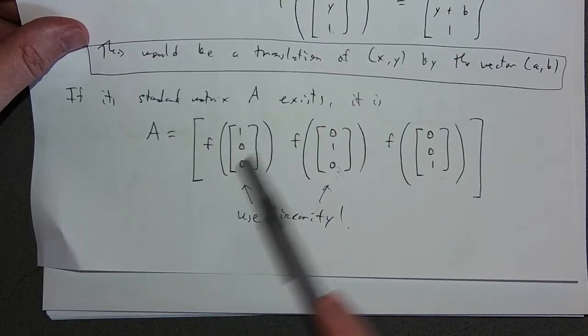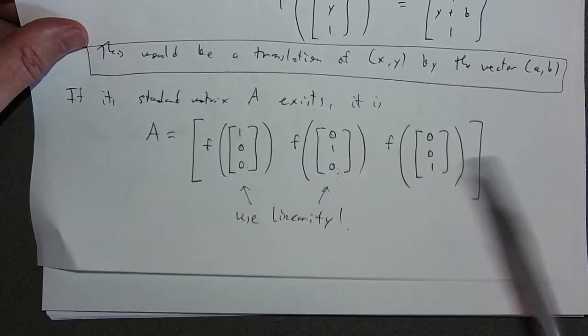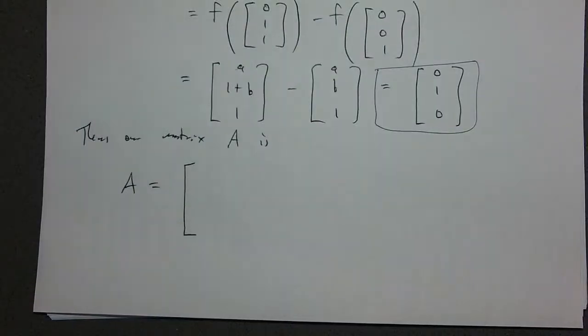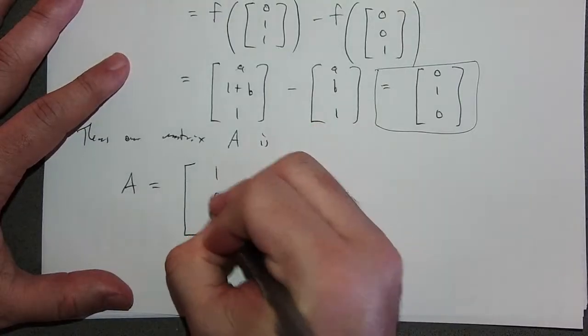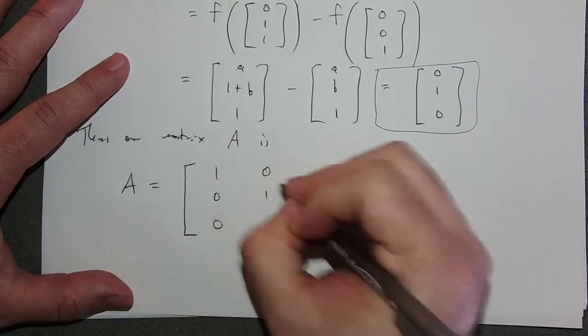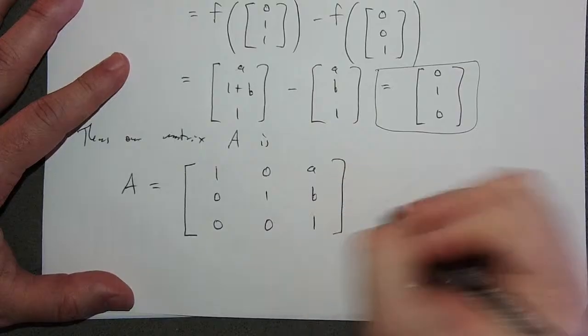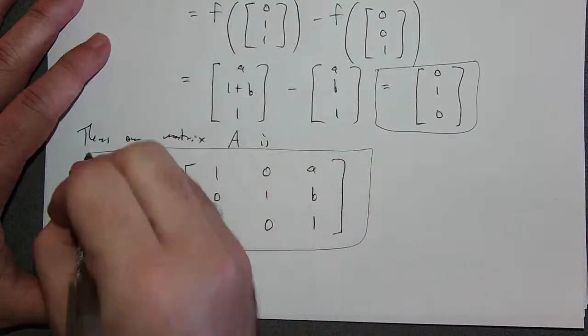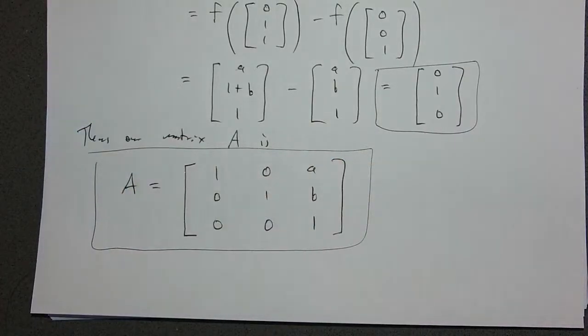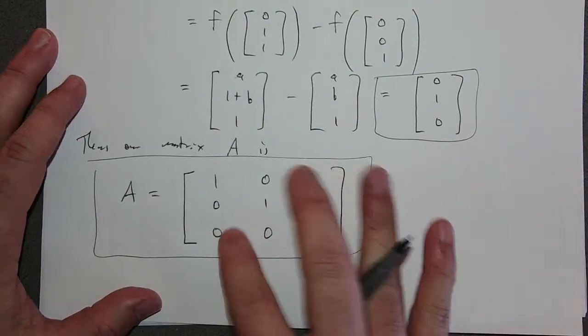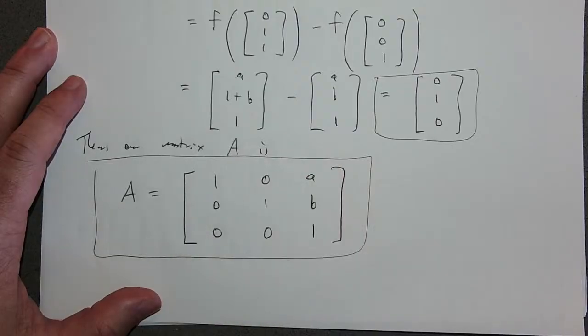This is (1, 0, 0), this is (0, 1, 0), and this is (a, b, 1). Therefore, if f is linear, it has to be represented by this. The question is, does this work?